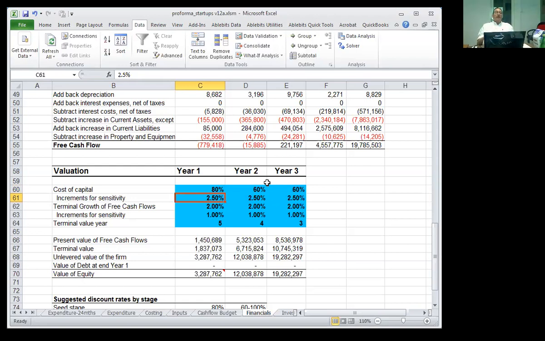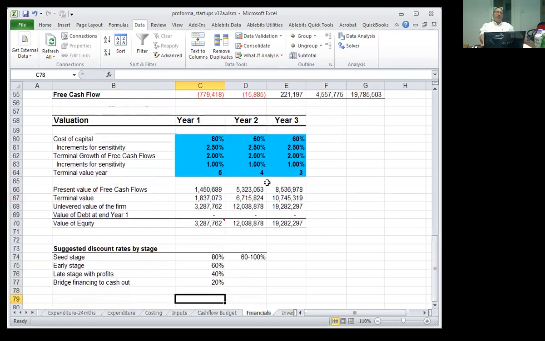So that's why you want to use WACC, because WACC is the standard number that we use here. And you're right, when you talk to a VC, my suggested discount rate by stage is equal to the investor's required return on investment.